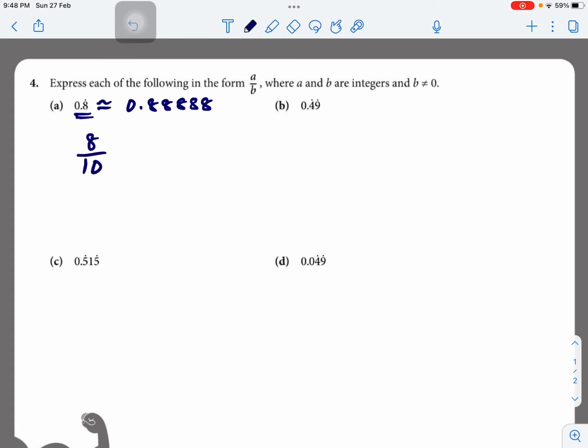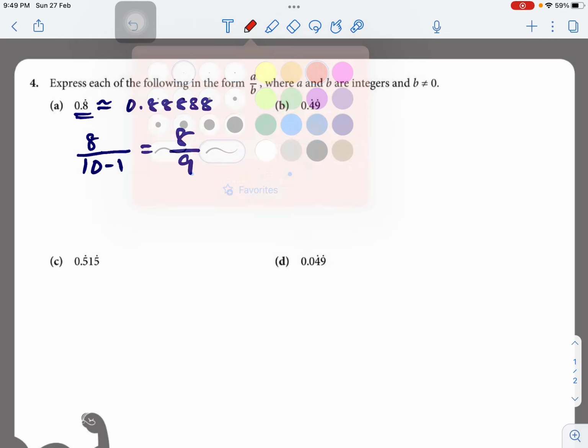Okay, and what you need to do is minus 1 here. Usually we do that so that you get 8 over 9. So if you use 8 over 9, you will definitely get this as your answer, right? So it's the same, it's the equivalent. So this is a strategy that we're doing.